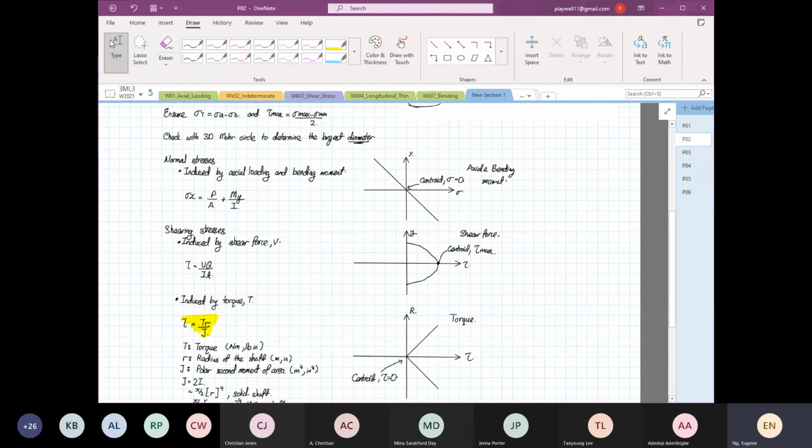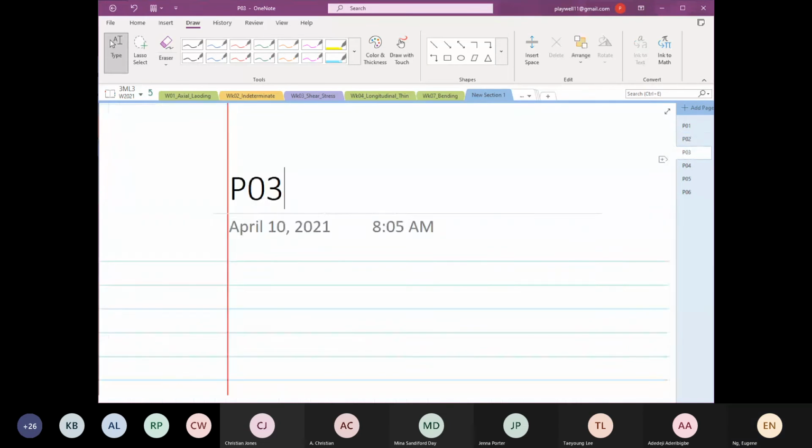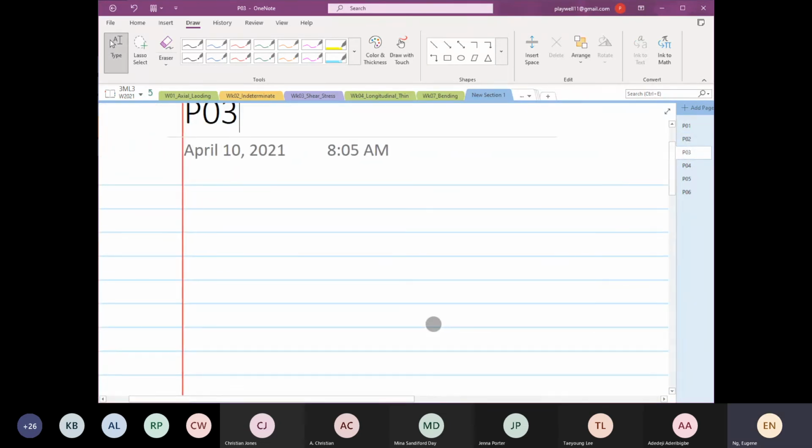Not rely on artificial intelligence. I believe you guys have real intelligence, right? So before we go there, the first thing we have to do is investigate or analyze which location has the highest stress state.